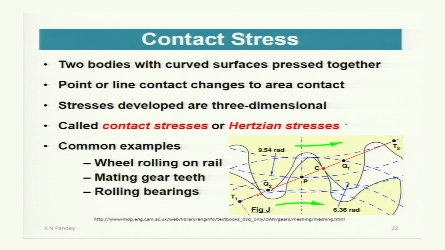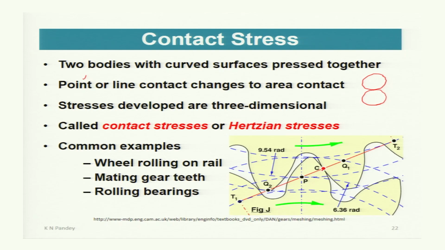Now, two bodies with curved surfaces pressed together, point or line contact changes to area contact. Point means when there are spheres in contact, then there will be point contact, and when cylinders are in contact, then there will be a line contact initially. Stresses developed are three-dimensional, called contact stresses or Hertzian stresses, and the examples are wheel rolling on rail, mating gear teeth, and rolling bearings.